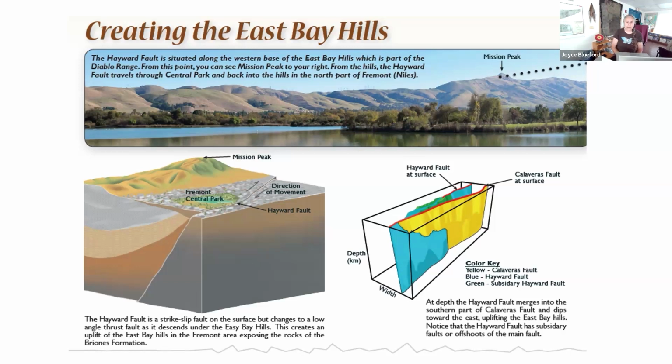So our area has lots and lots of landslides. Now, it wasn't until only about 10 years ago we realized where the Hayward Fault started. It comes from the Calaveras Fault, which is south of San Jose. And that diagram on the right kind of explains that.